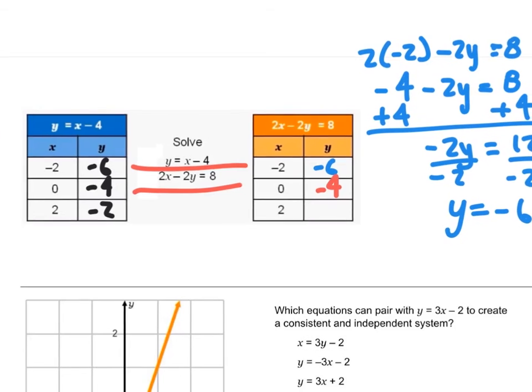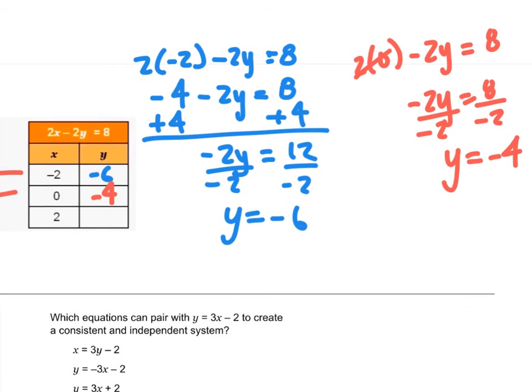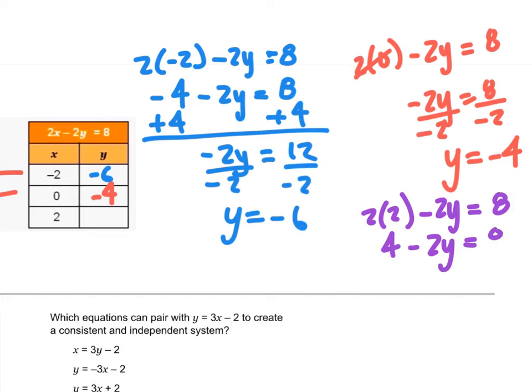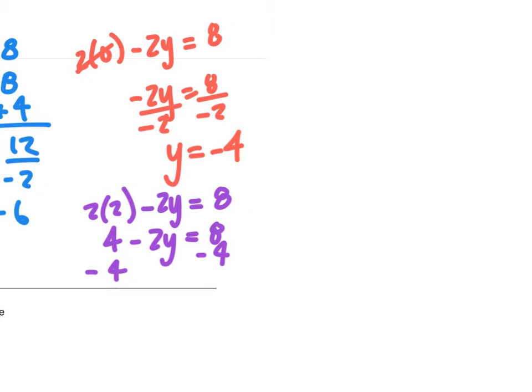If I plug in 2 into that equation, let me switch up my colors. If I do 2 times 2 minus 2y, 2 times 2 is 4, minus 2y is equal to 8. So if I subtract 4 from both sides, then I get that negative 2y is equal to 4.